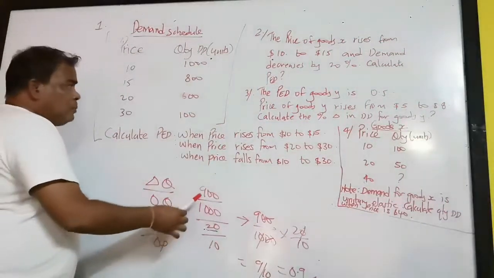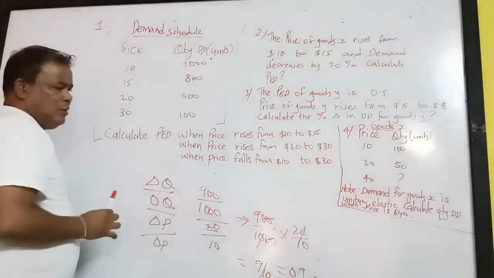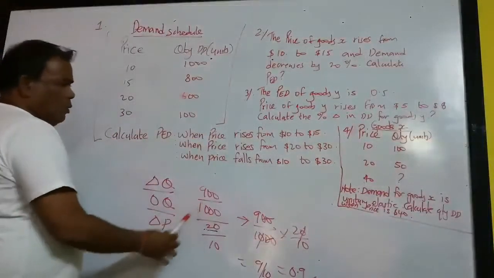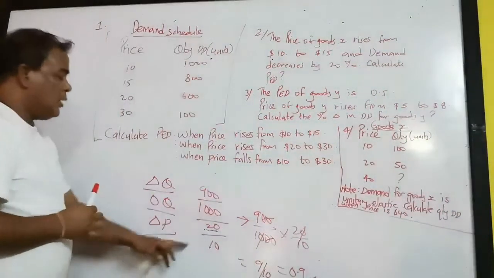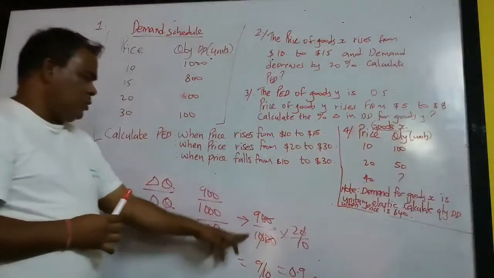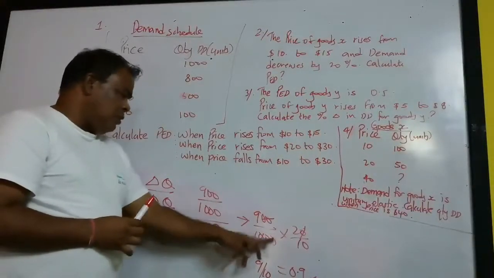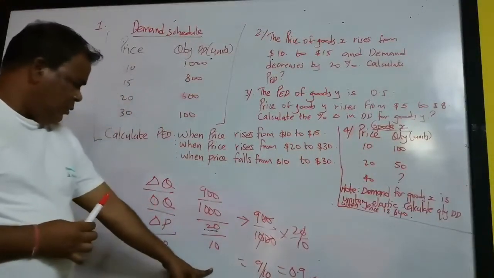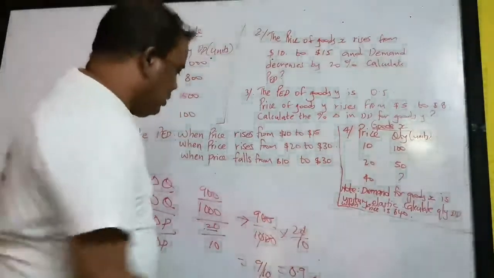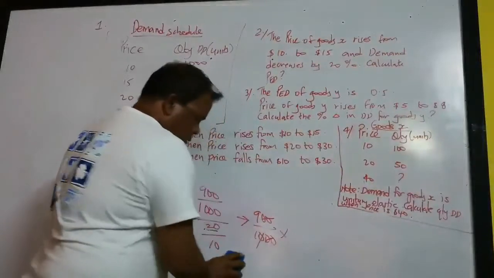We see it again: change in quantity, 1000 now 100, change in quantity, 900, over original quantity, 1000, times change in price, 20, over original price, 10. So 900 over 1000, times 10 over 20. Cancel the zeros, so that gives us 9 over 20.